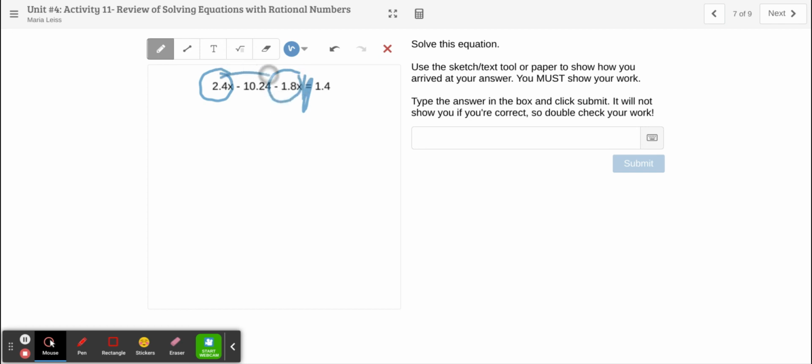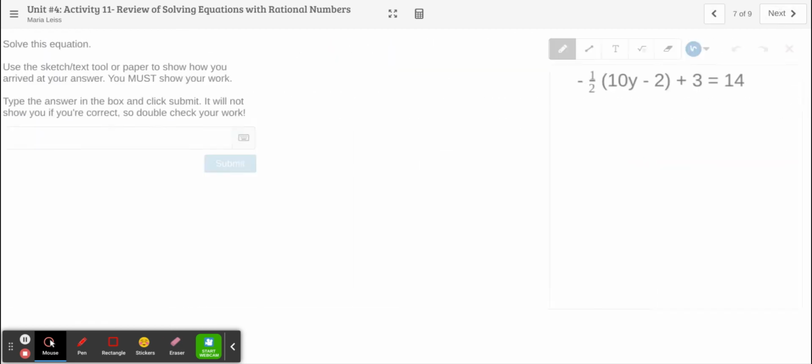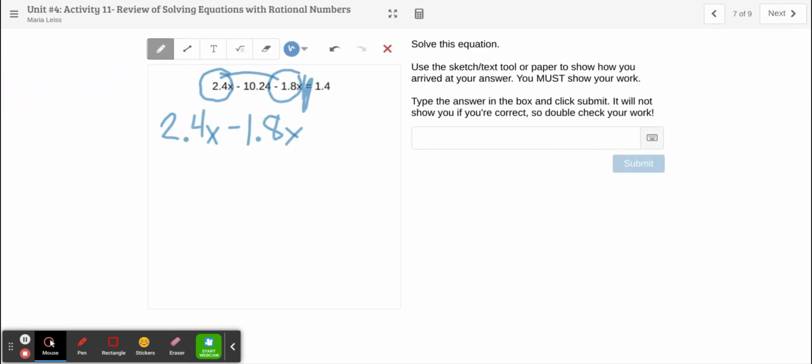Why? Because that tells me I need to do 2.4x minus the 1.8x. Okay, because of that minus in front. Also, don't forget, when you bring down your 10.24, look at the sign right in front of the 10.24.